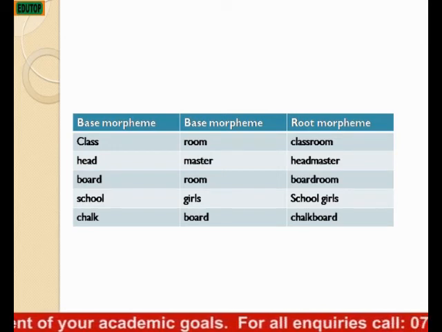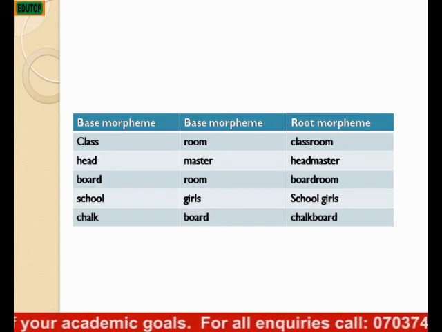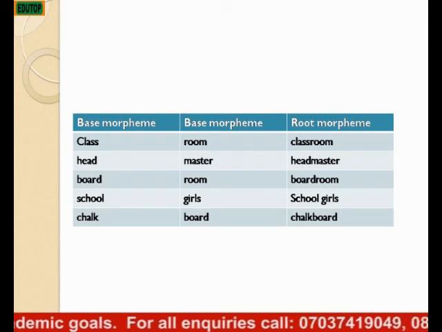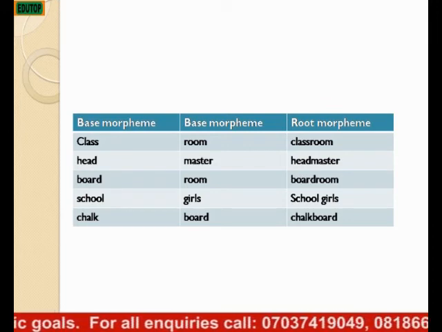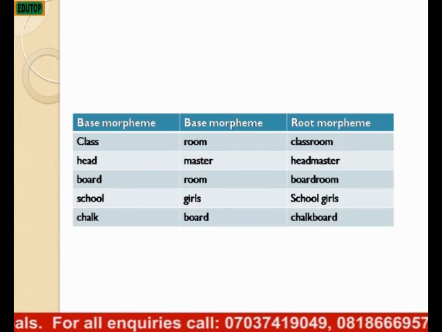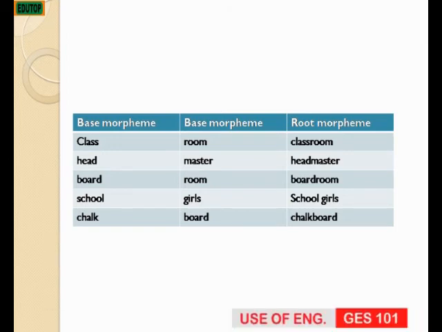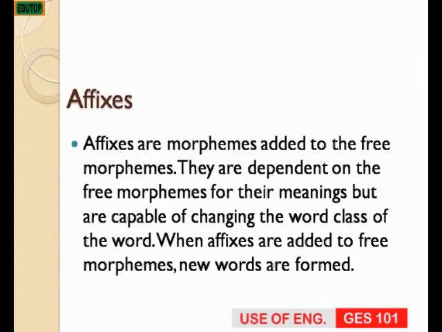Board plus room to give us boardroom. School plus girls to give us schoolgirls. Chalk plus board to give us chalkboard. So classroom, headmaster, boardroom, schoolgirls, and chalkboard are root morphemes that have been formed after joining the two base morphemes on the two columns.